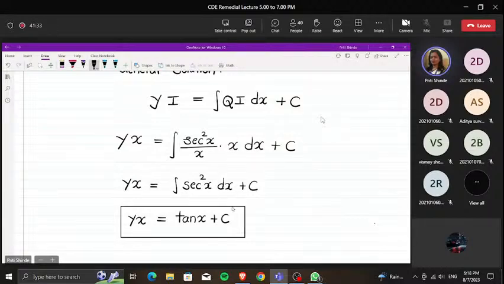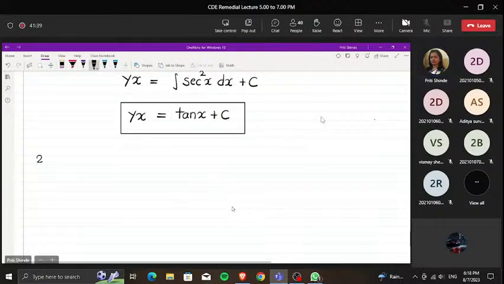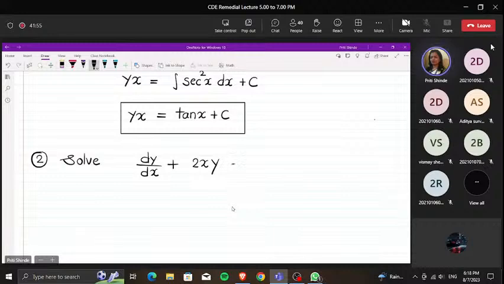Let's solve one more example and then we'll start our unit number 2. So second example. Solve the differential equation dy by dx plus 2xy is equal to 2 e raised to minus x square.